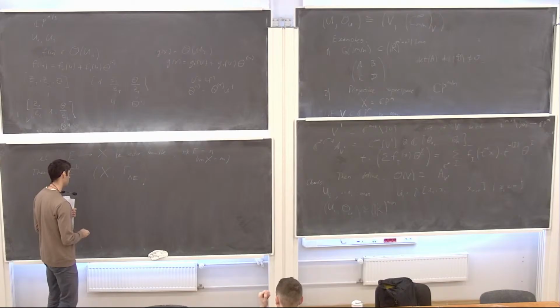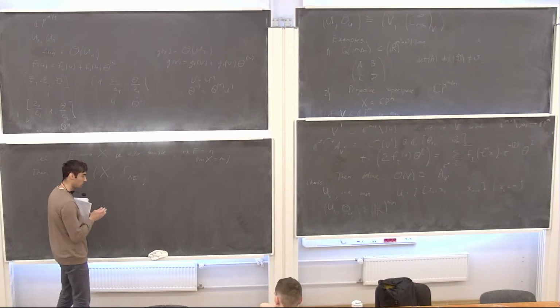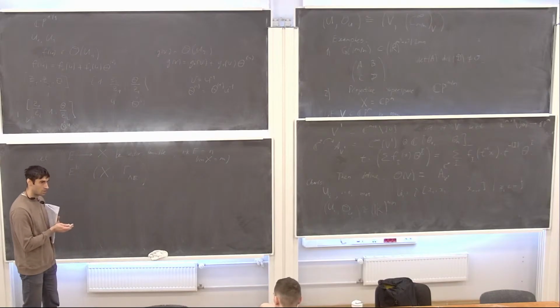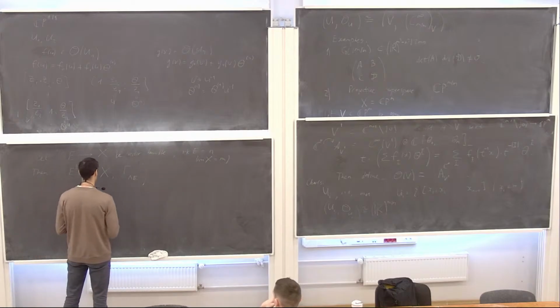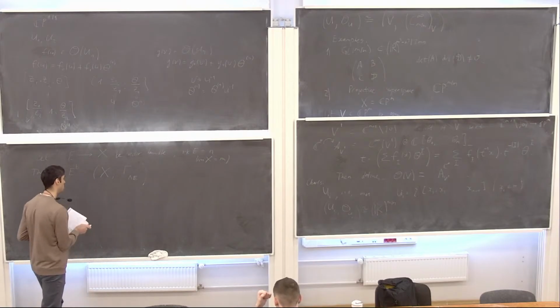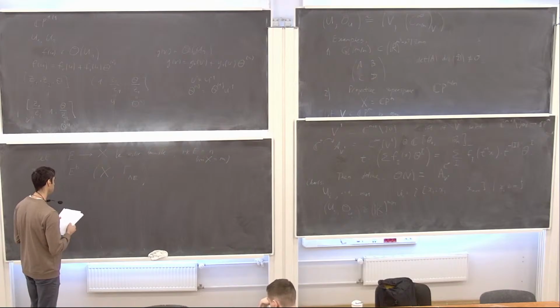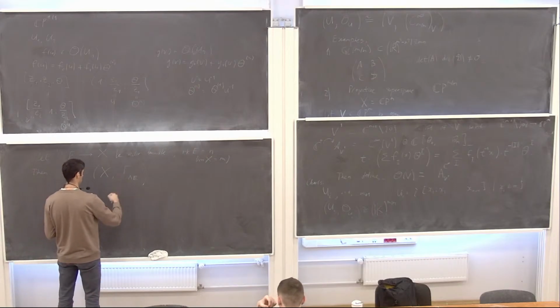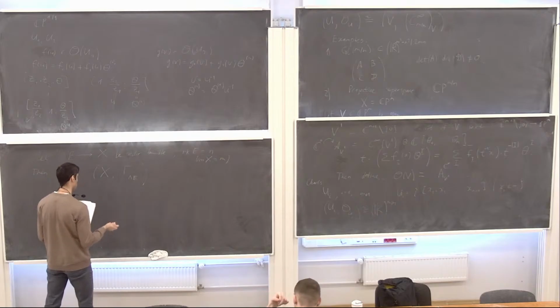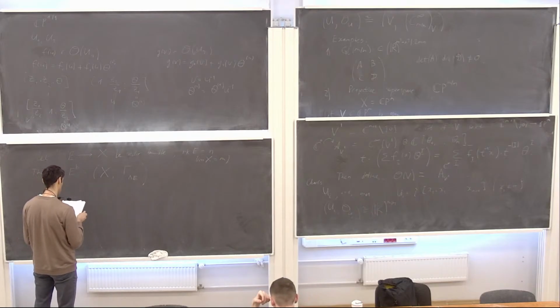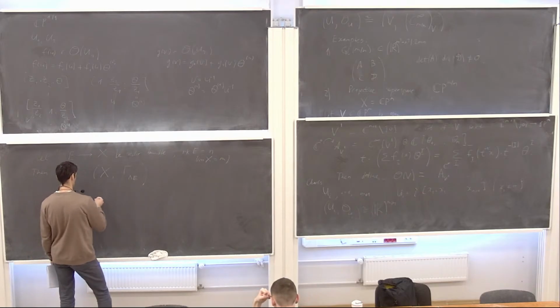Locally, what's going on? Locally, it's trivializable, right? So therefore the functions there, sections here, they look as follows, right?